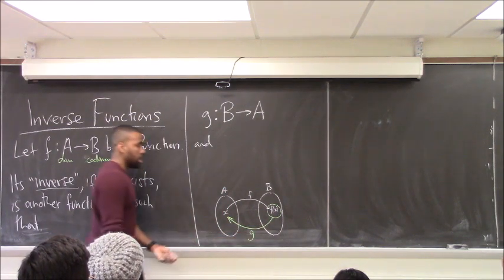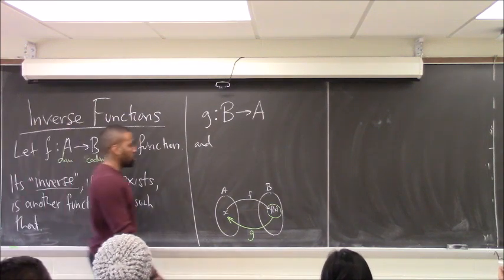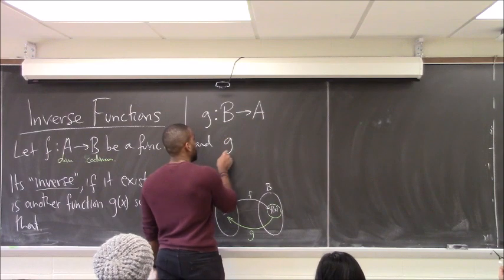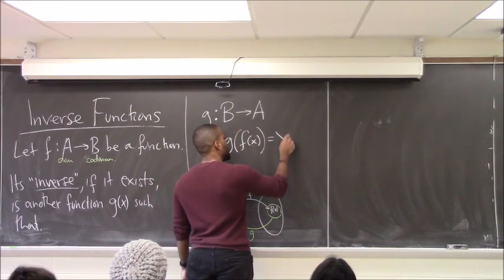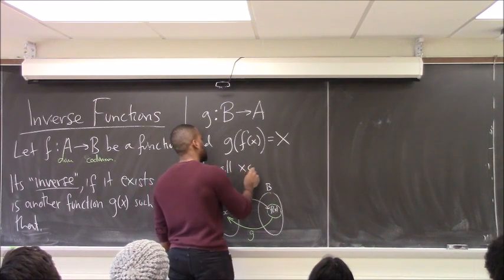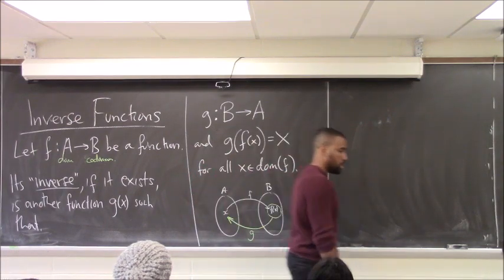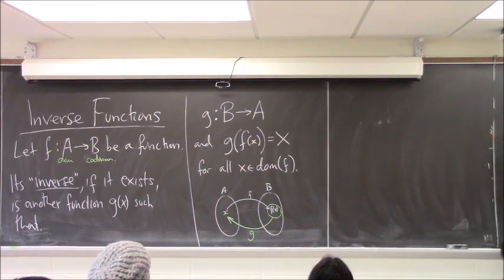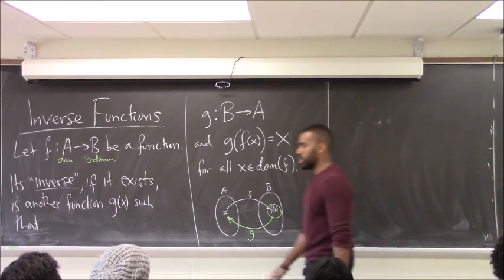That will be g. If you have a function that always does that, we call that function the inverse of f. So it is a function such that if I were to take g of the output of f, it will give me the original input for all x in the domain of f. This is called an inverse function. It's a function that undoes whatever you just did. But sometimes you want to reverse what we just did.